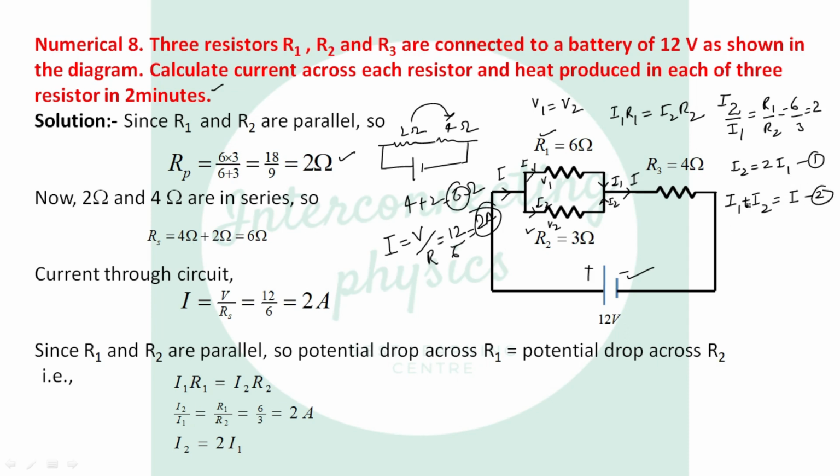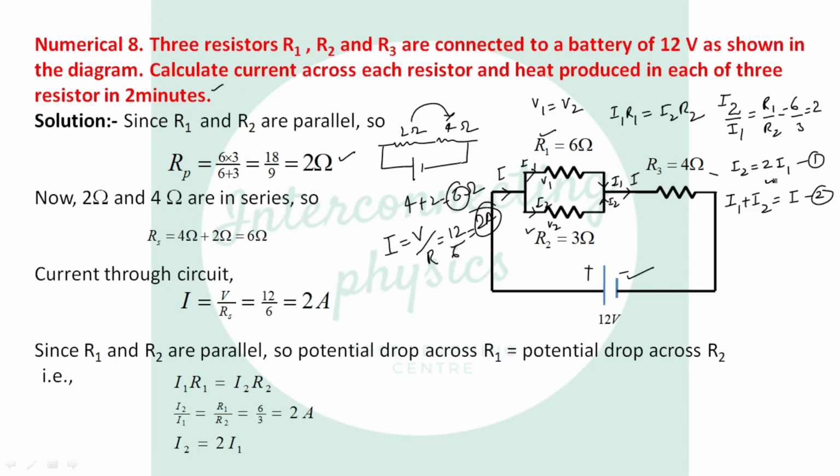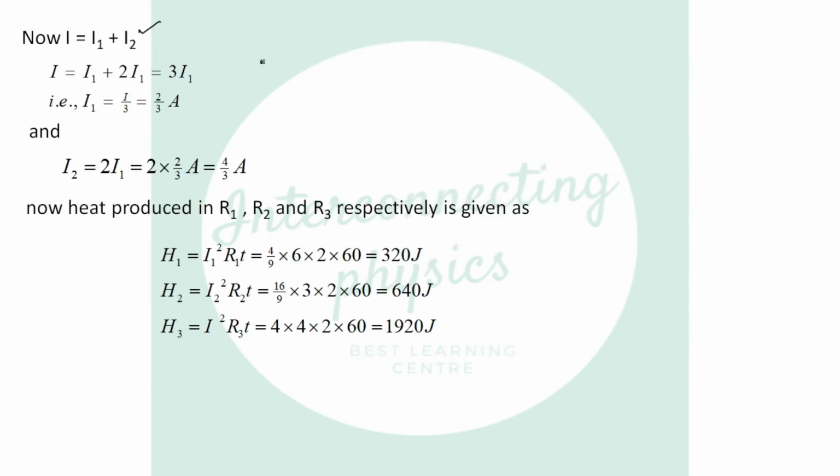Let us solve these two equations. Put the value of I2 which we have calculated, I2 equal to 2I1. When we substitute 2I1, we get 3I1. I equal to 3I1. That means I1 equal to I divided by 3. And I2 is 2I1.